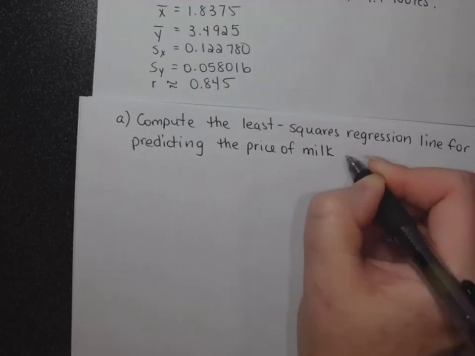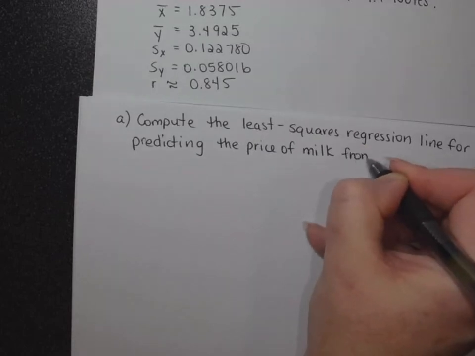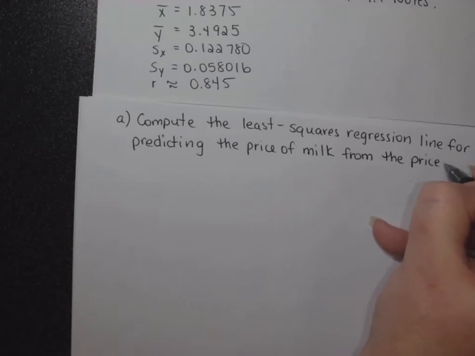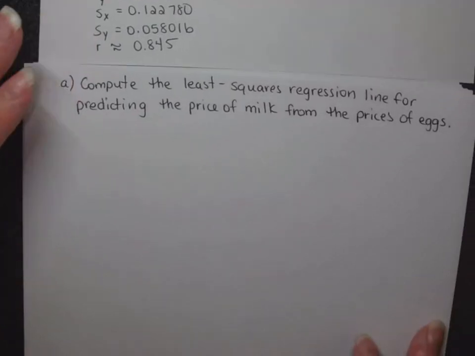Now again, we're still not saying that one causes the other, but because they tend to move together, go up or down together, maybe if we know the price of eggs, we can predict what the price of milk would be.